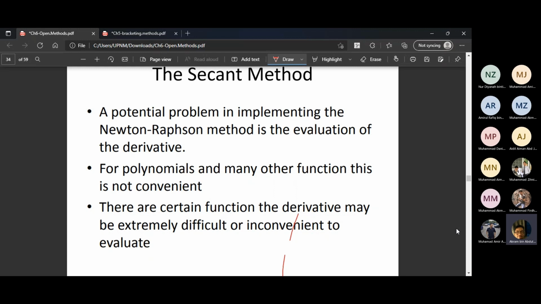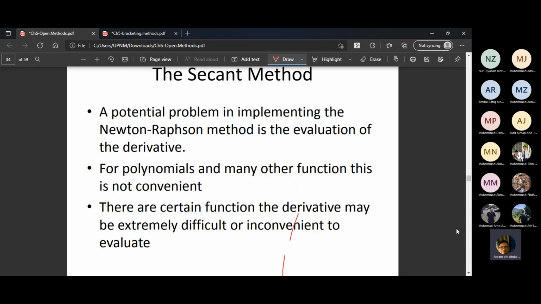Okay, let's continue with the second method. So we know that one of the problems with Newton Raphson is we need to find the derivative, so we need to find f prime x.